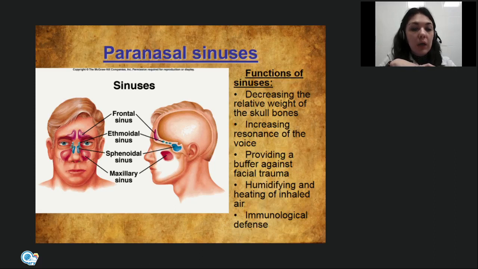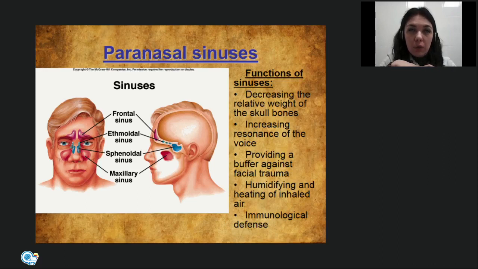They humidify and heat inhaled air. Now, I know with you we haven't studied it yet, but with some groups we studied the respiratory system. Air enters the nasal cavity first, but because paranasal sinuses communicate with the nasal cavity, air also enters them, and they serve as an additional reservoir of air.